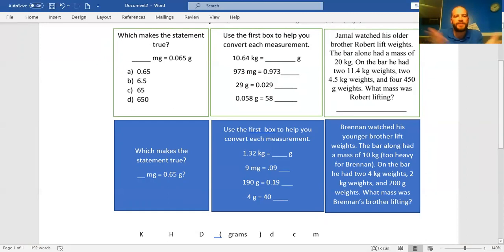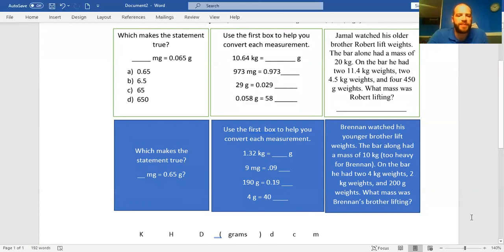You got to give them the same denominator. You got to give them the same unit. So what I would do is convert 450 grams to kilograms and then add all those up, but make sure you're multiplying because there's more than one of some of them, most of them except for the bar. So instead of me chit-chatting about how you do those, let me show you with similar problems underneath.